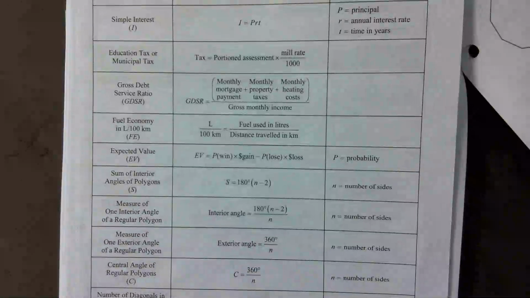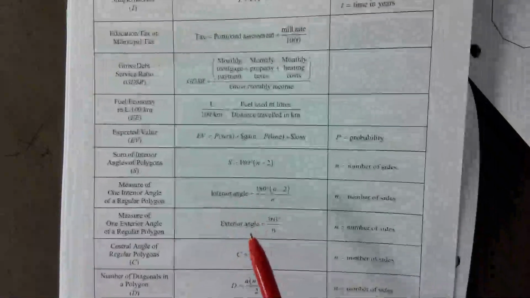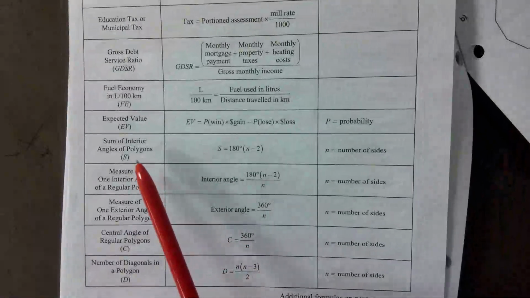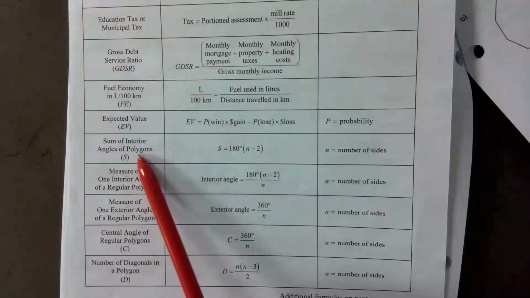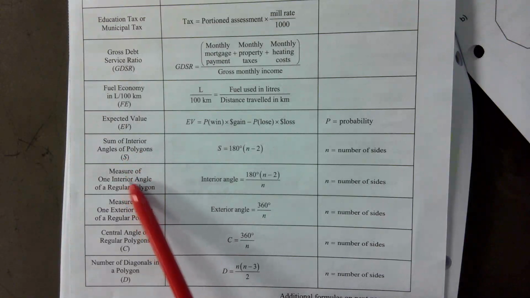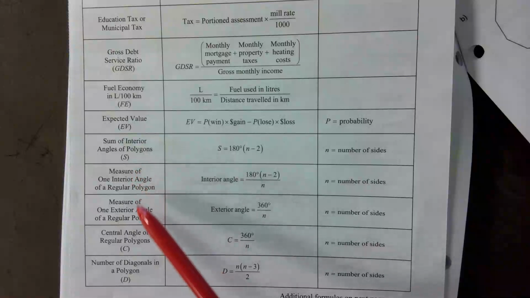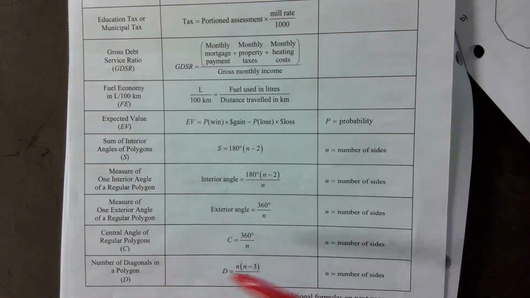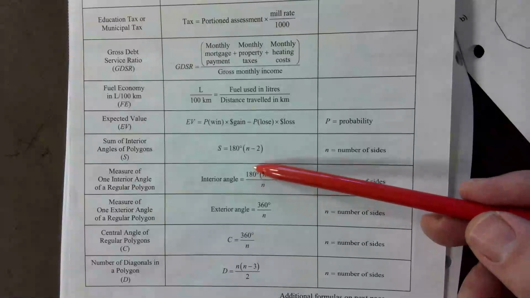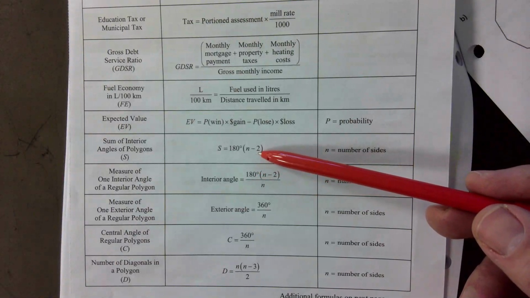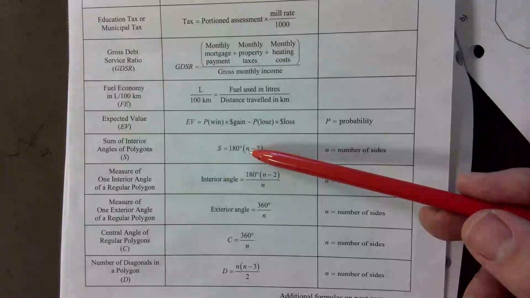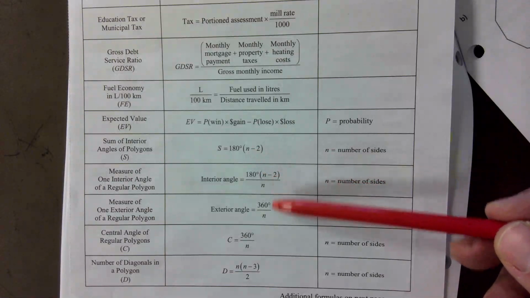If you're ever needing to calculate anything regarding polygons, it's right here. Sum of interior angles of polygons, measure of one interior angle. Every single formula is here, but not in the order that I gave you. And what's so unique about them, look at every single formula: the only thing you need every single time is n.